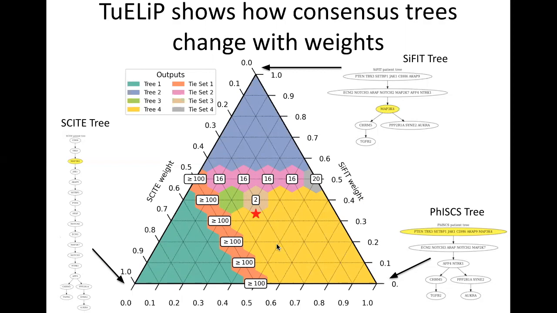The graph is labeled with a number if a set of trees that are tied are returned. Here are 16 ties if we set weights according to this position and scale.